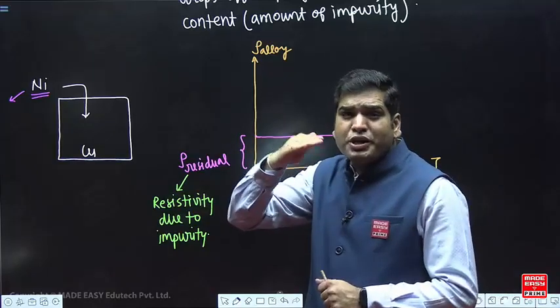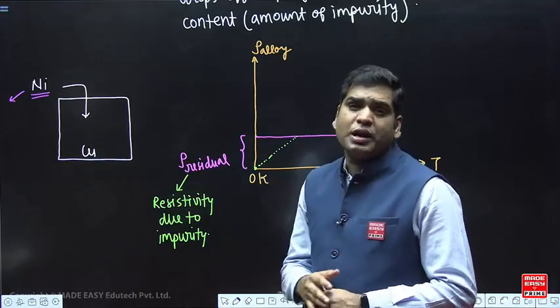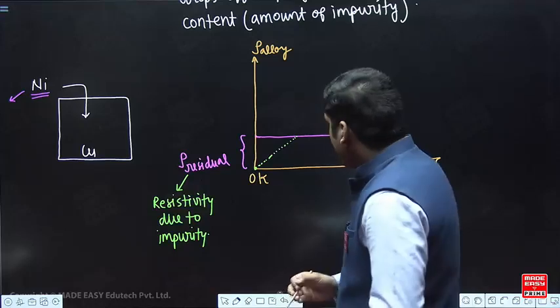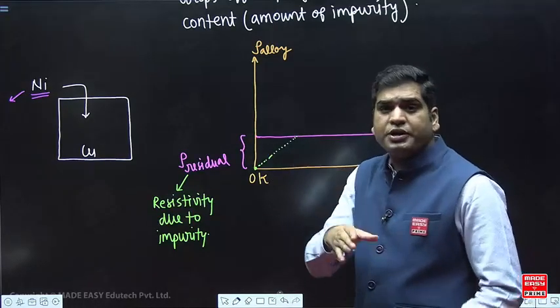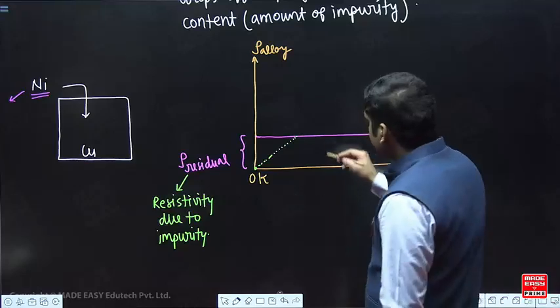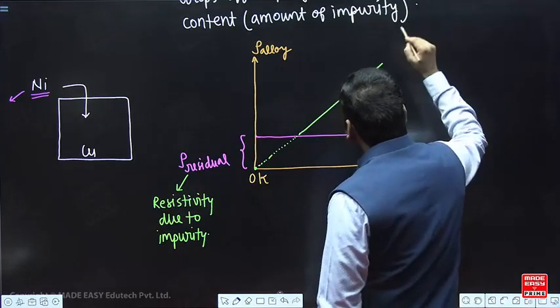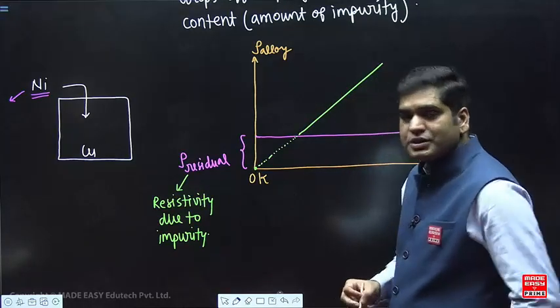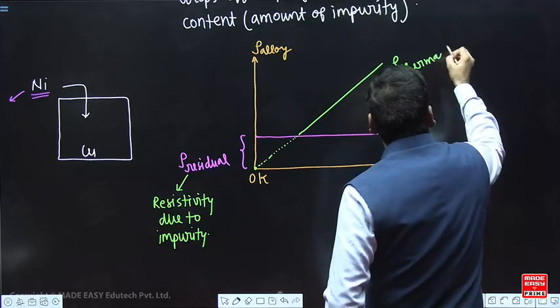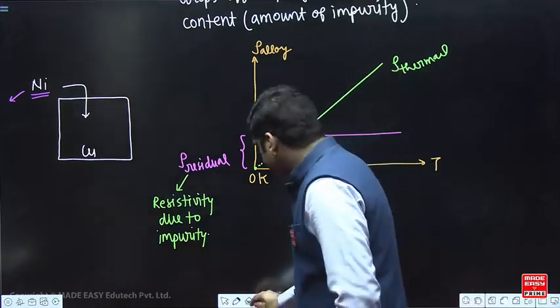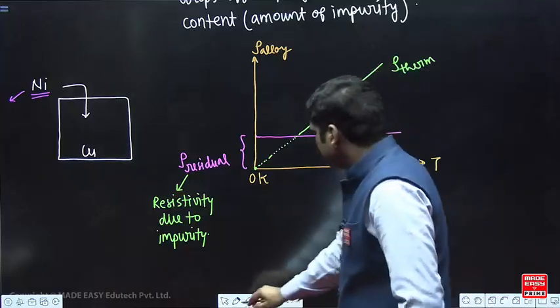So the thermal component of resistivity can be ignored up to a certain value, right? After that, lattice vibration will become quite wide and the thermal component of resistivity will become very large. So it starts increasing linearly. This component of resistivity is known as rho thermal.